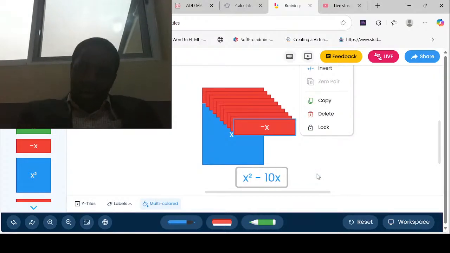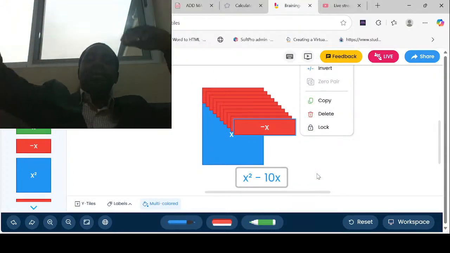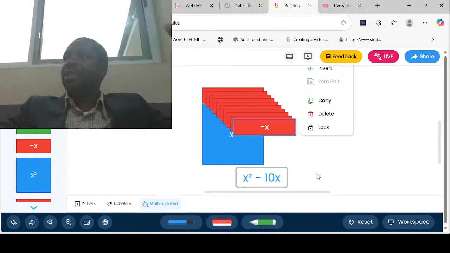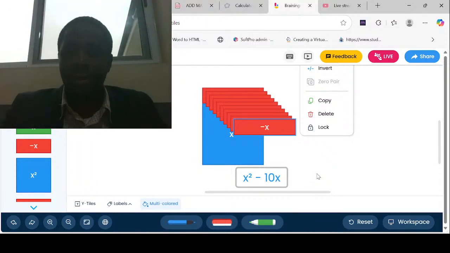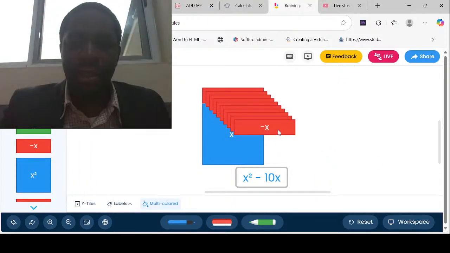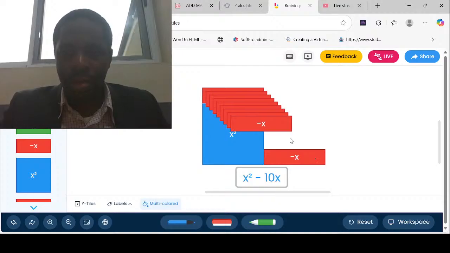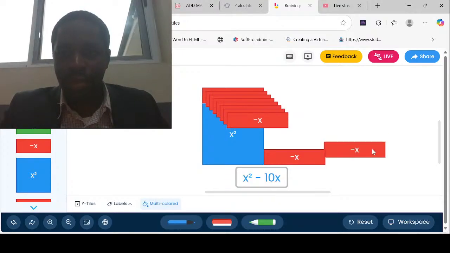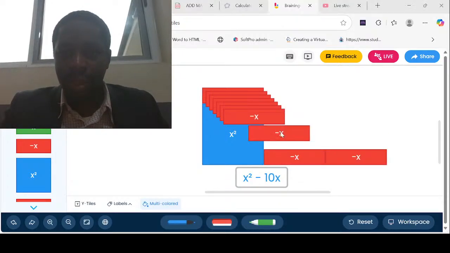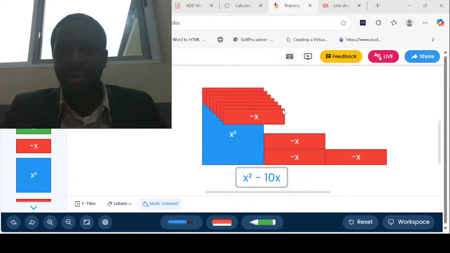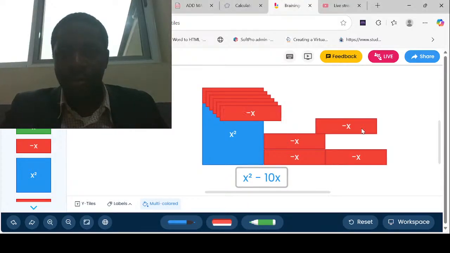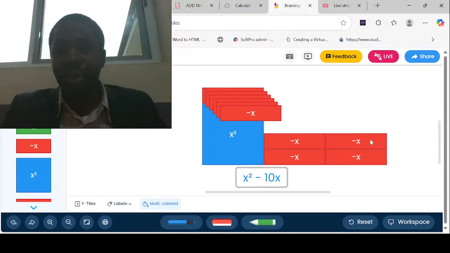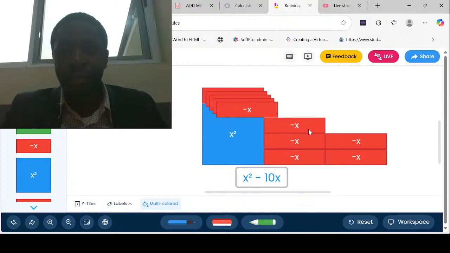Now I have to arrange it. So if I arrange it, how am I going to have it? I can have it here. So it's now for you to start building your tiles. See what I'm doing? Let's hope this will work.